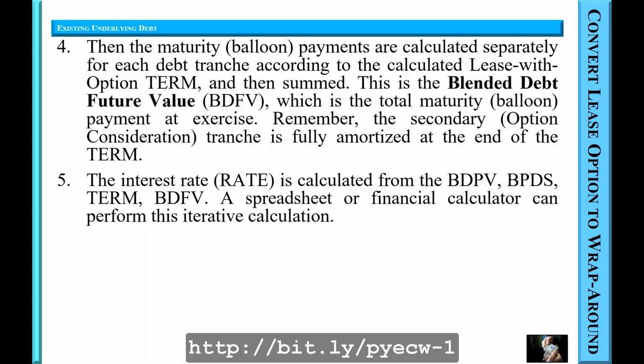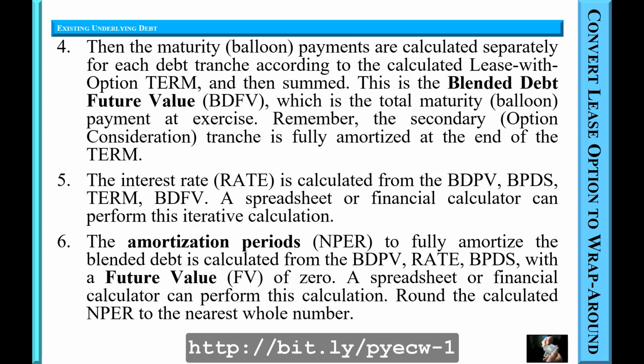The interest rate is calculated from the blended debt present value, blended periodic debt service, the term, and the blended debt future value. A spreadsheet or financial calculator can perform this iterative calculation.